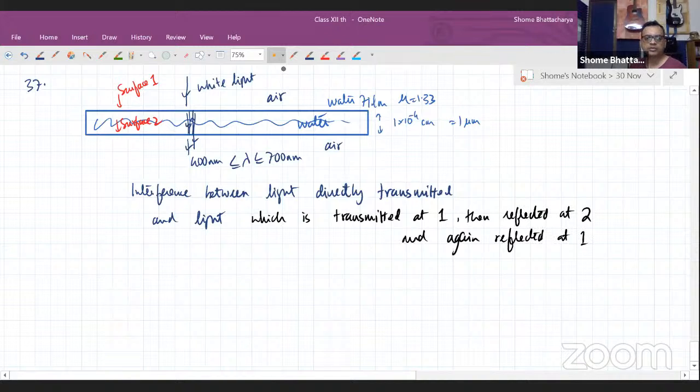So these are the two types of light that we have to consider. Yes, so here an extra difference of pi would be considered. Okay, so let's understand. Let's compare these two.